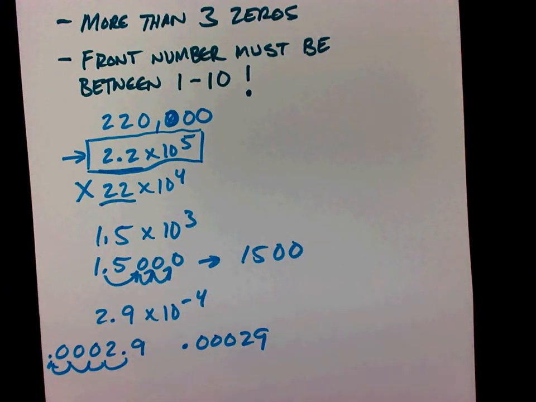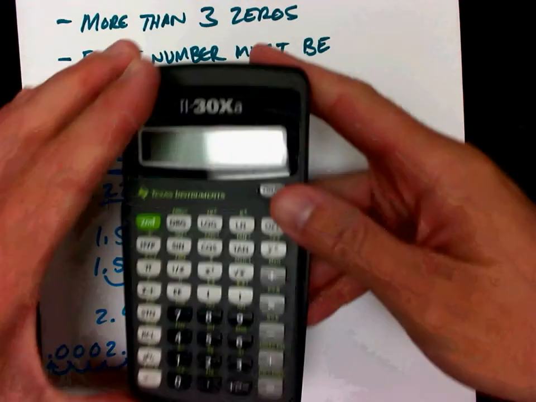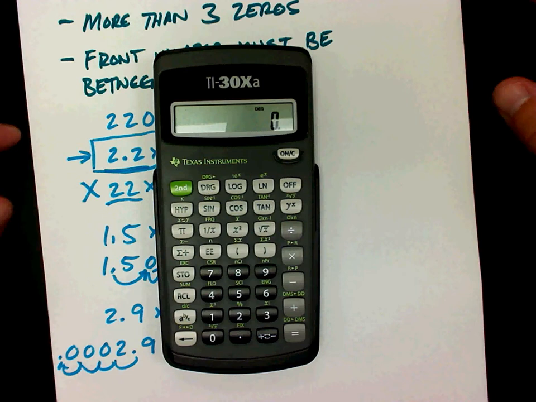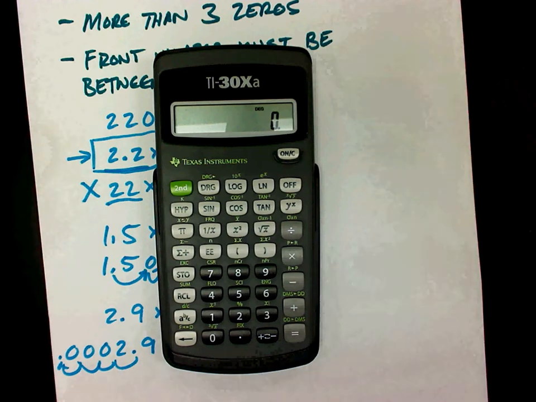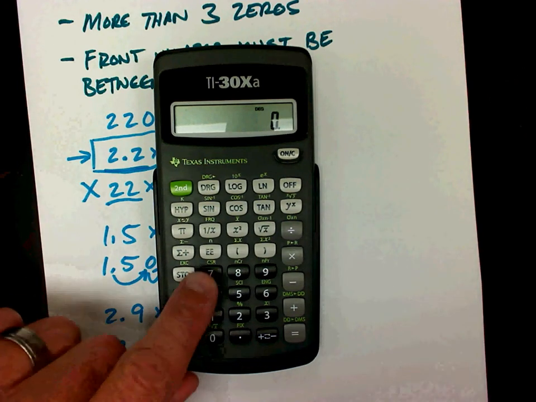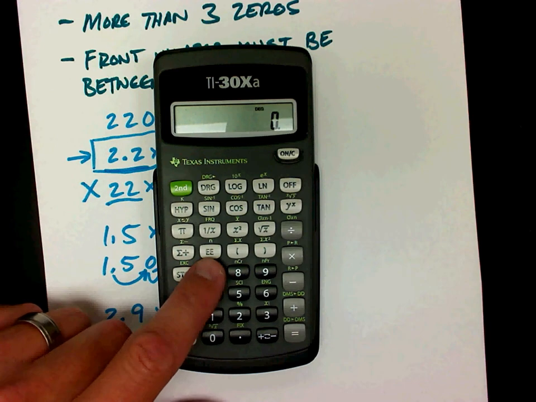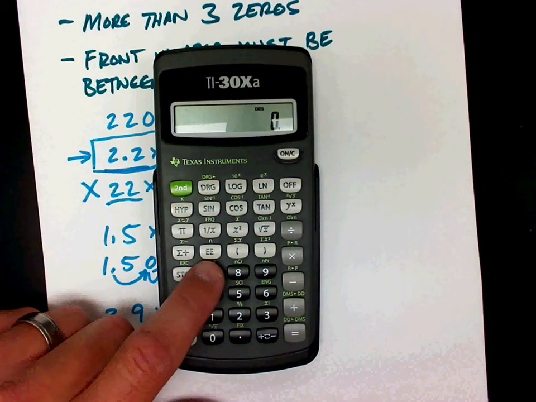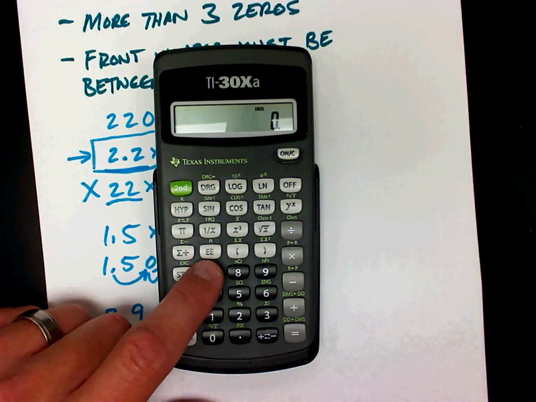So I want to show you a few different ways that calculators show this. I just pulled out a few different versions of calculators so you could see it. This is a Texas Instrument brand. Look to see if your calculator has an EE button. That's typically the way that you'll see these abbreviated. There's different ways, but that EE button right there allows us to enter something in scientific notation.